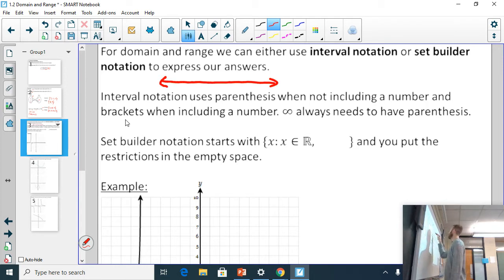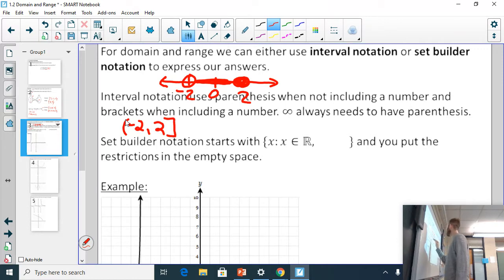Let's say 0 is there, -2 is there, and 2 is here. I have an open dot at -2 and a closed dot at 2. So that means -2 is not included, so I would use a parenthesis, and then we're going all the way to 2, but +2 is included, so we would use a bracket, right?